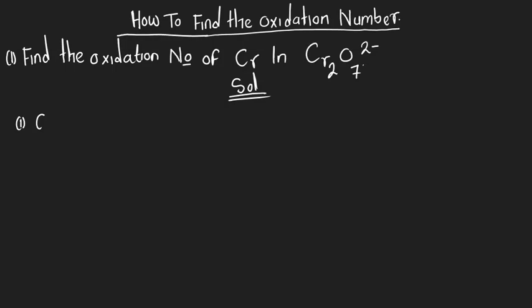So now, this chromium has got 2 atoms. Oxygen has got how many atoms? 7 atoms.